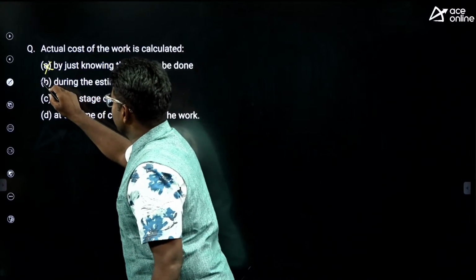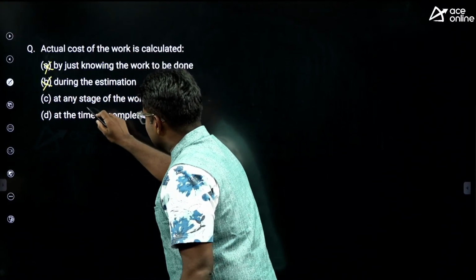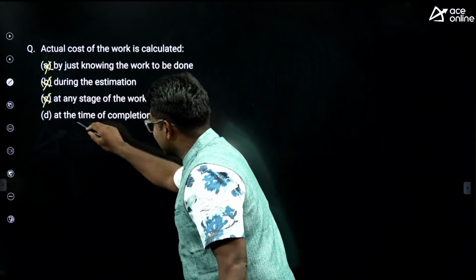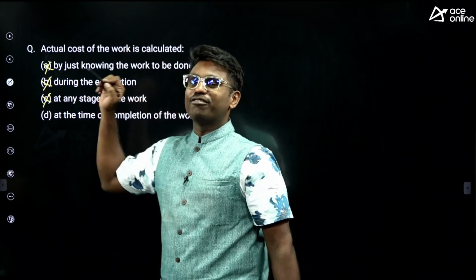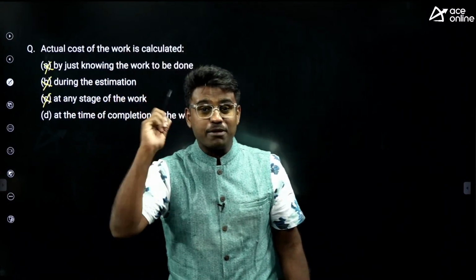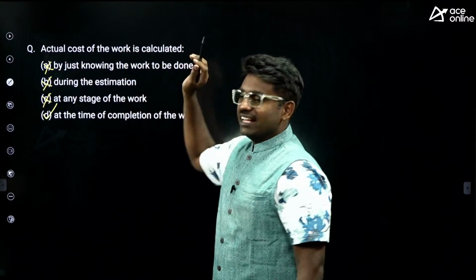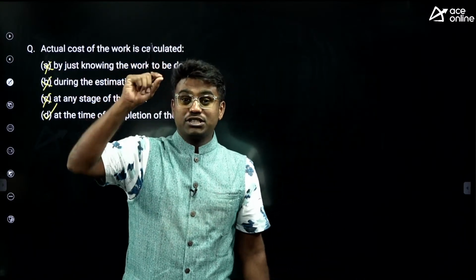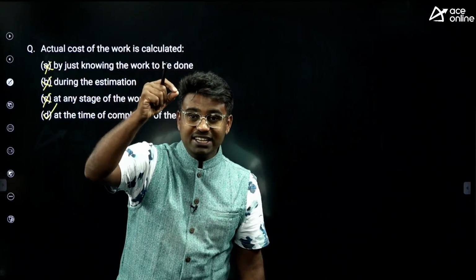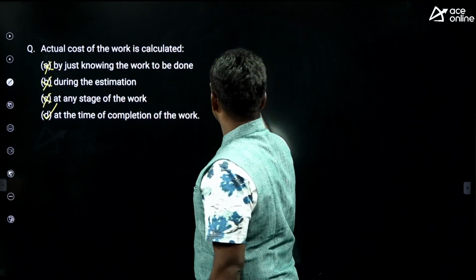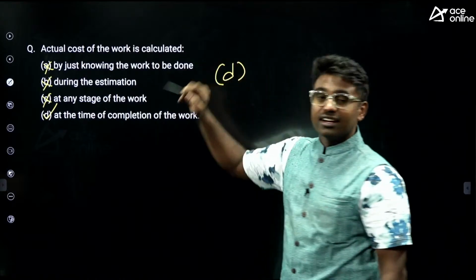So during estimation, no; at any stage of work, not even possible. Only at the time of completion of work is the actual cost of the project known. So the answer is D again.